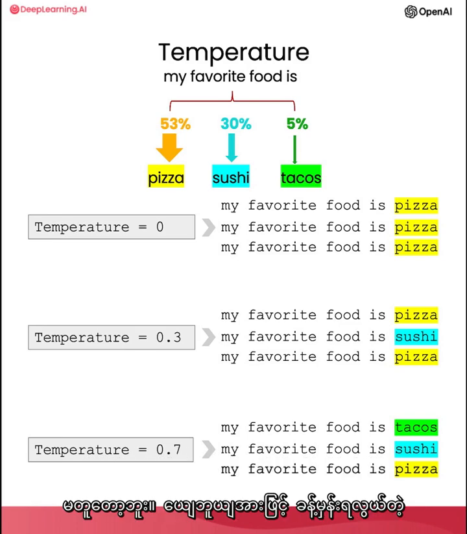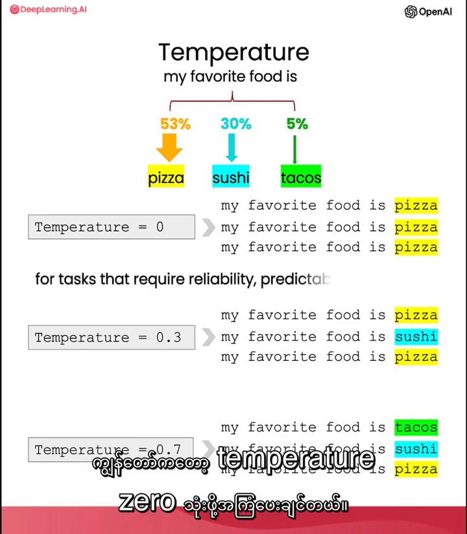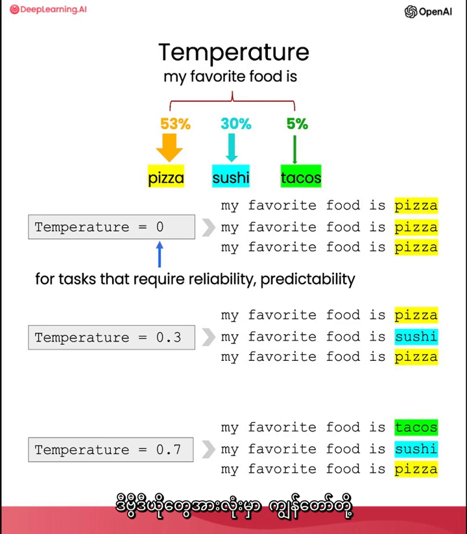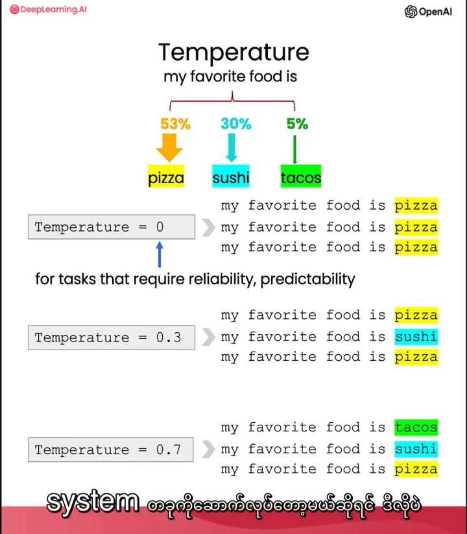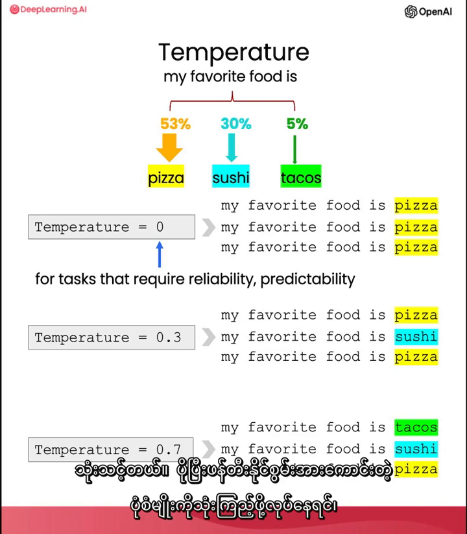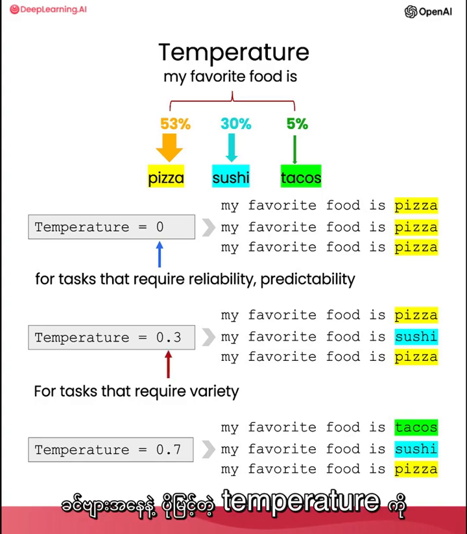In general, when building applications where you want a predictable response, I would recommend using temperature 0. Throughout all of these videos, we've been using temperature 0. If you're trying to build a system that is reliable and predictable, you should go with this. If you're trying to use the model in a more creative way where you might want a wider variety of different outputs, you might want to use a higher temperature.